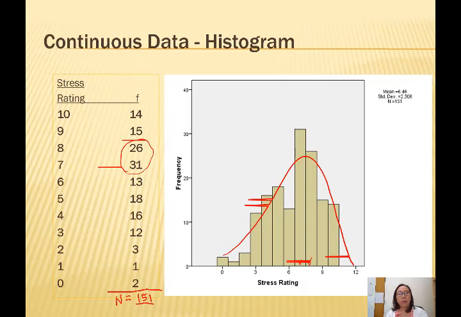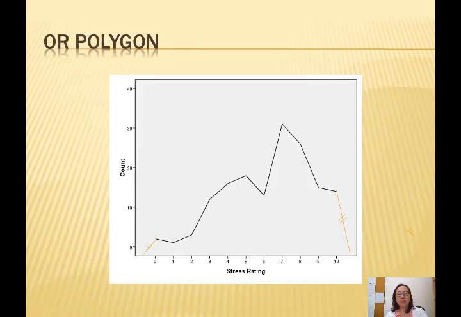Now, if you had a lot of different levels, graphs or bars, sometimes it's better to just connect the dots that creates that shape that I just drew. Same data, and you kind of see the line there, just following the pattern and connecting the dots, so to speak. This is used for continuous data. So when you have continuous data, you can use the histogram or polygon.